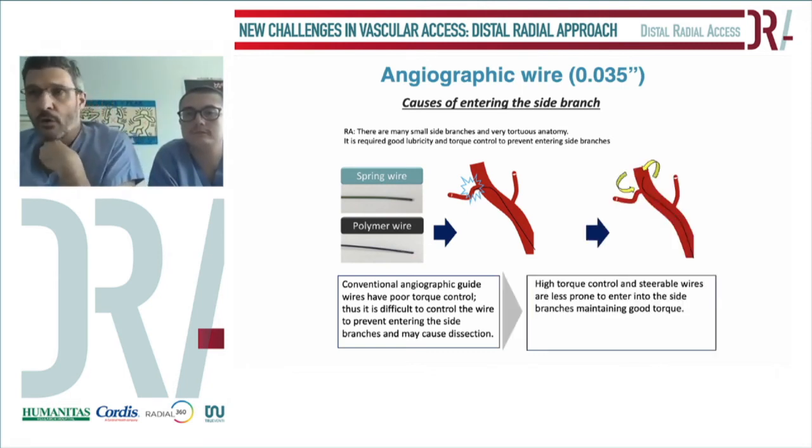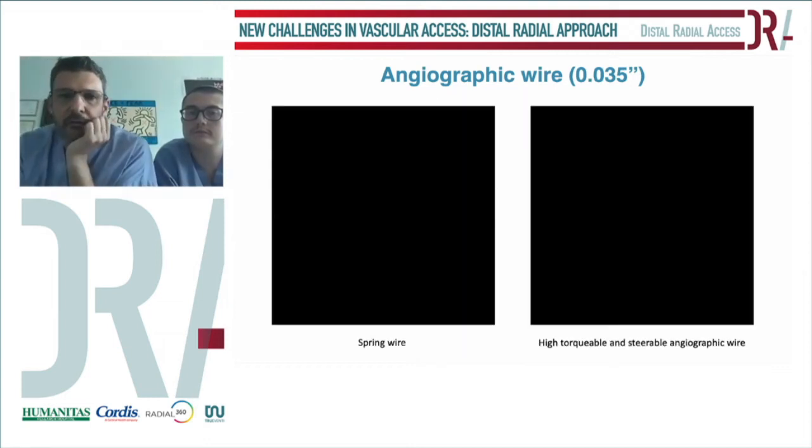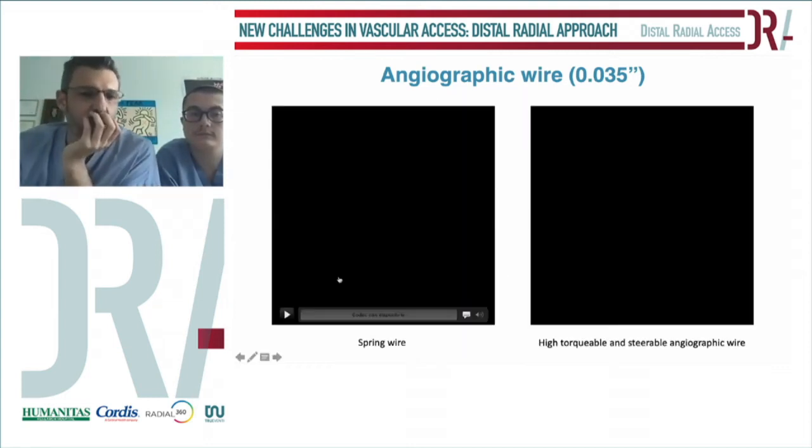So now there are some other guide wires available that have high torque control and are steerable, that are less prone to enter into the side branch, and that could be very useful, in our opinion, in case of difficulty of transradial advancement of the wire.